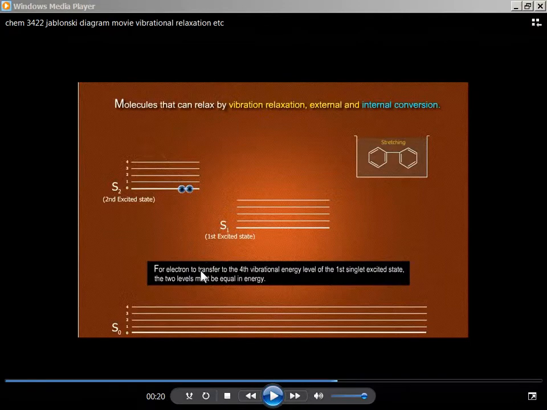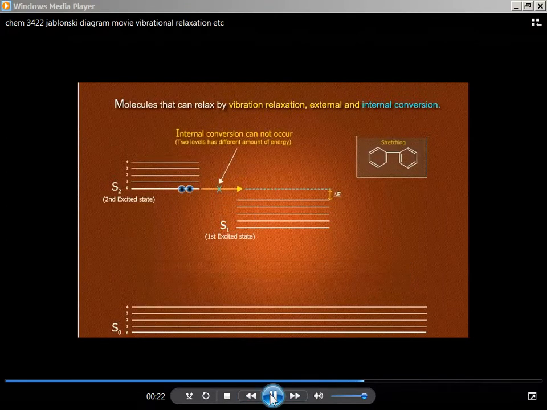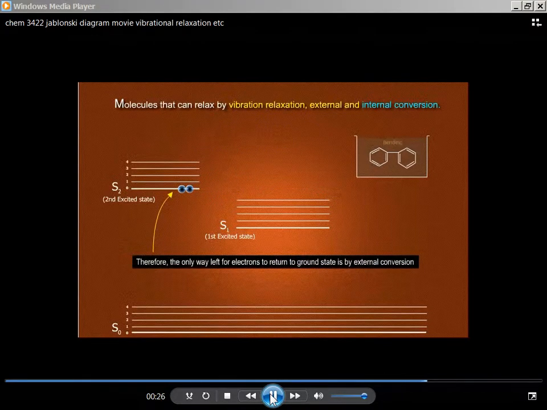And then for an electron to transfer to this fourth vibrational energy level of this excited state, see, it's not lined up. And lined up is pretty much just geometry. And it's not lined up with energy. So it's just not going to work. So internal conversion can't happen.